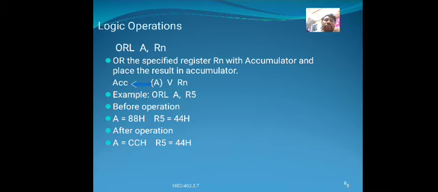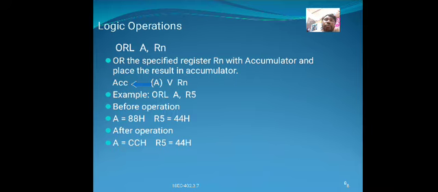Example: A is equal to 88H, R5 is equal to 44H. After the operation, A is equal to CCH, R5 is equal to 44H.